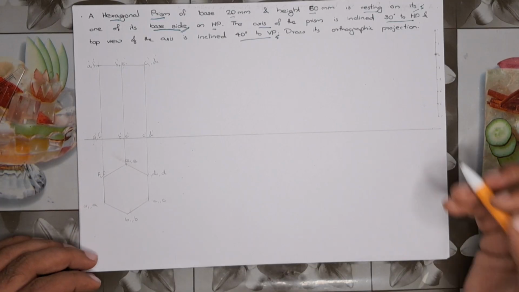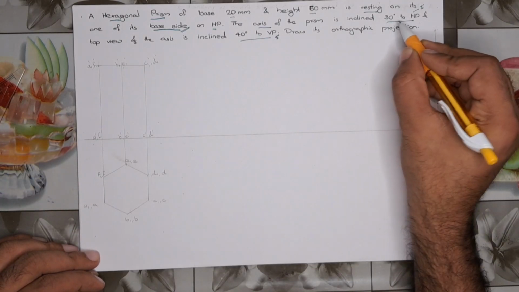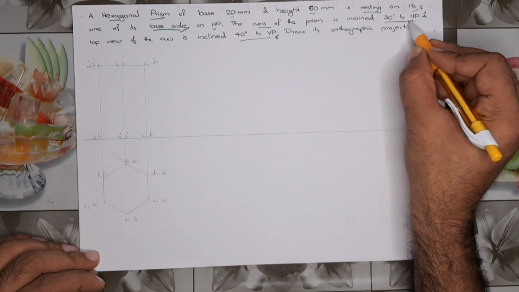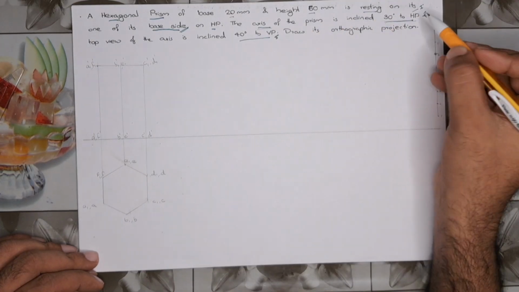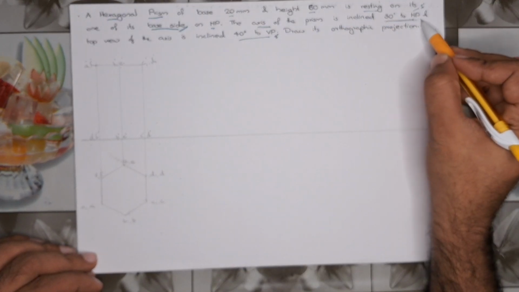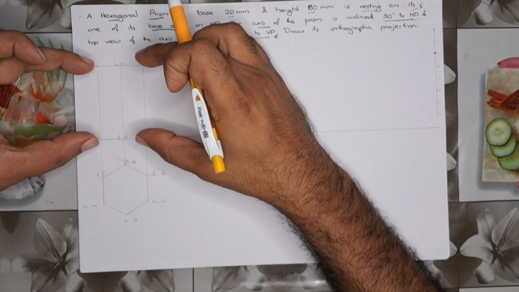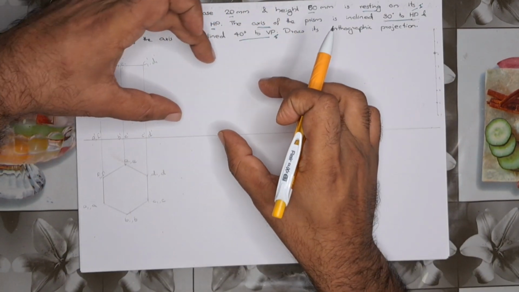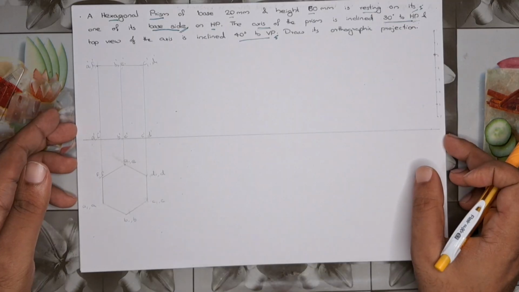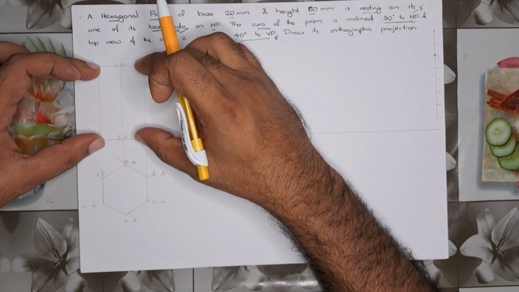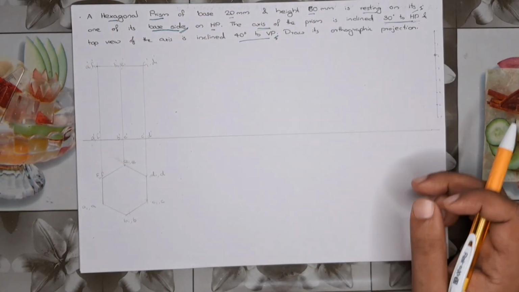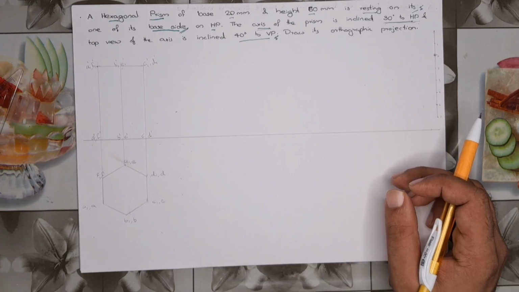Now we have to go for the first inclination, as written here, 30-degree inclination of the axis to HP, the horizontal plane. So we have to tilt this front view to 30 degrees here. So I have to redraw this figure here with 30-degree inclination.